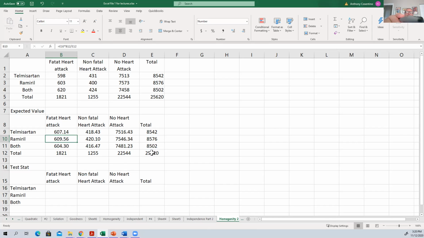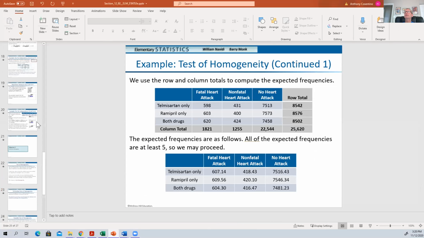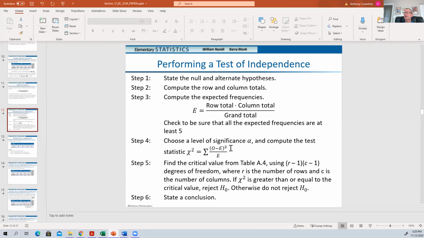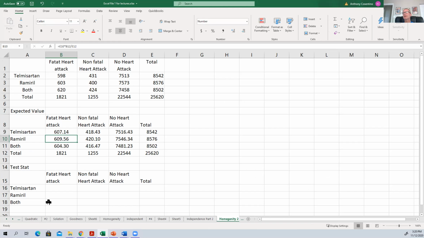And just to remind everybody, let's go back to the presentation here. Let's see what step we're on here. So we're on step 4, test statistic. And so here it's O minus E squared divided by E. So again, what's nice about this is that when we set this up, we'll be able to do a copy and paste, which will be nice.